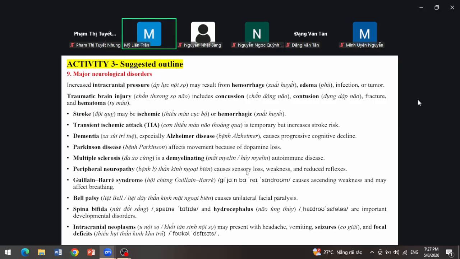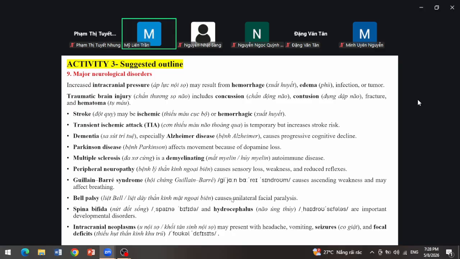Guillain-Barré syndrome. Guillain-Barré syndrome causes muscle weakness, paralysis and affects breathing. Hội chứng Guillain-Barré gây ra sự yếu cơ, tê liệt và ảnh hưởng đến hô hấp.